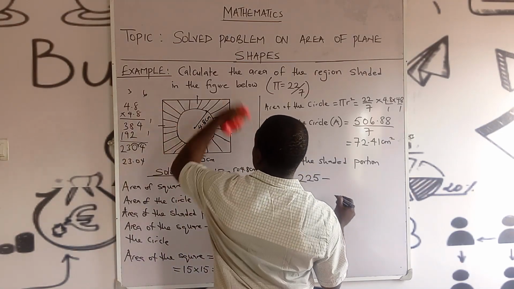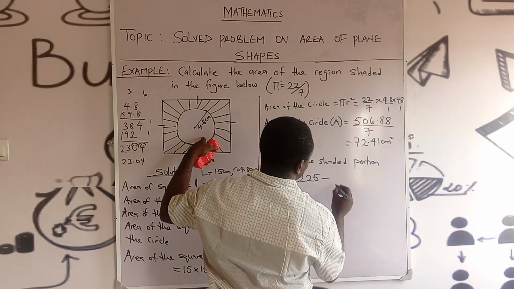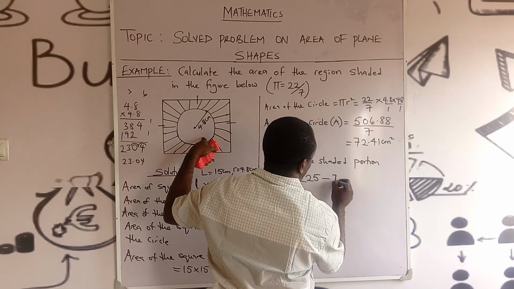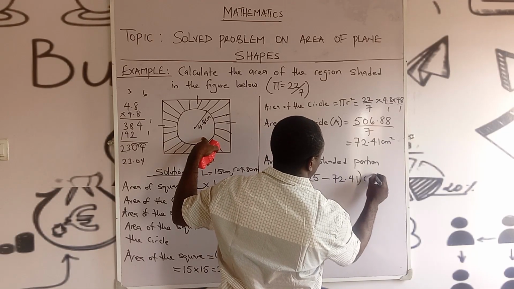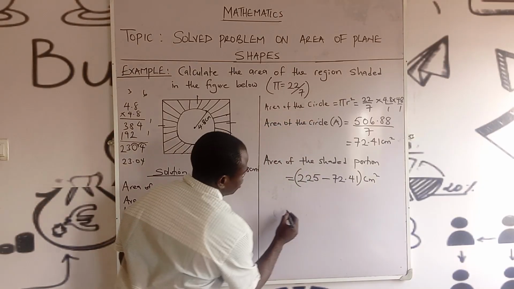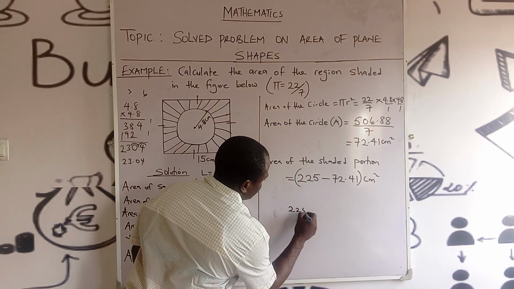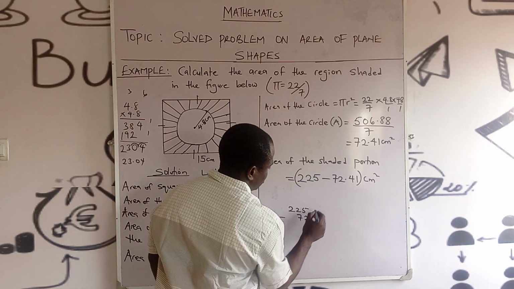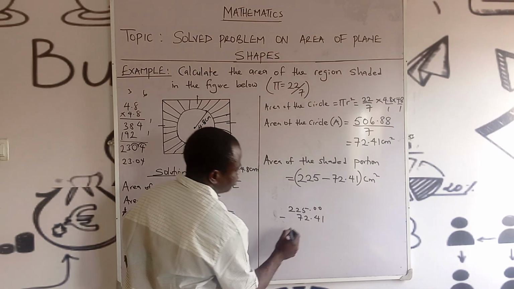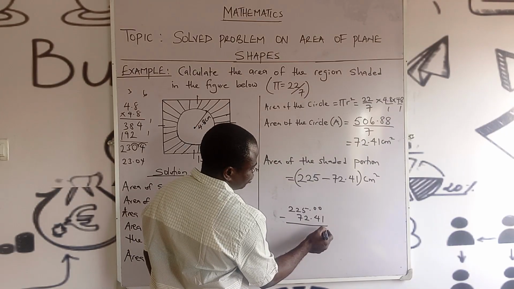The area of the square, the bigger shape, minus the inner unshaded one, that's 72.41 centimeters squared. Now let's subtract 225 minus 72.41. This is 0.00. 0 minus 1 is not possible.